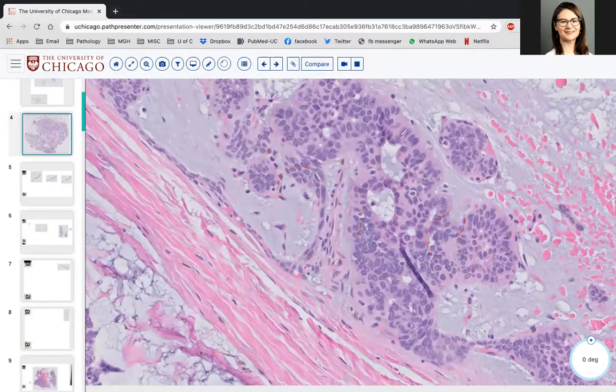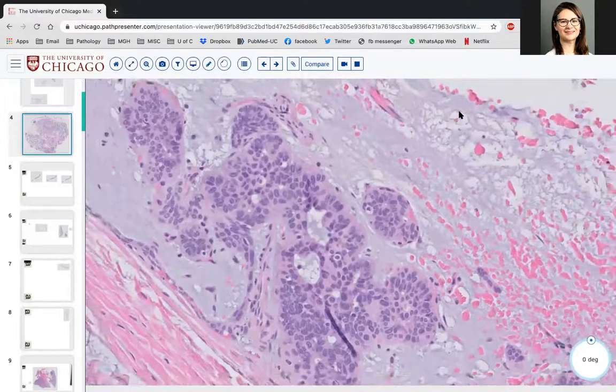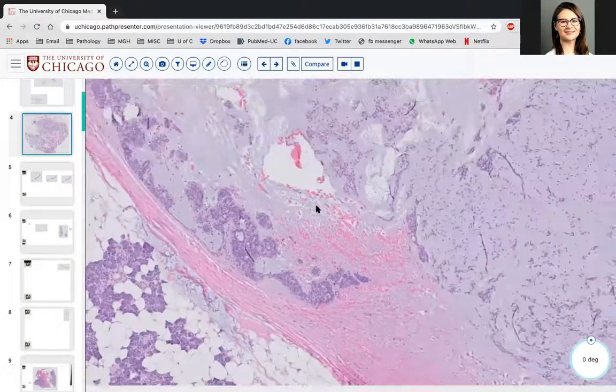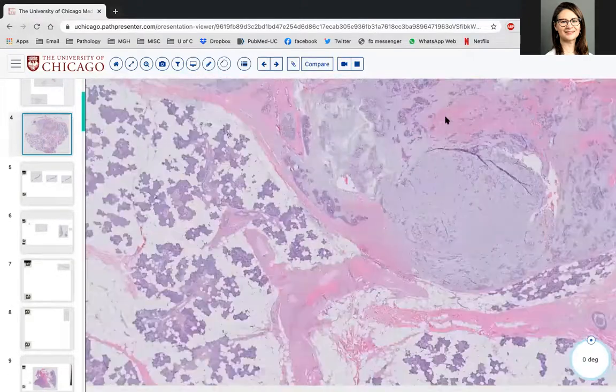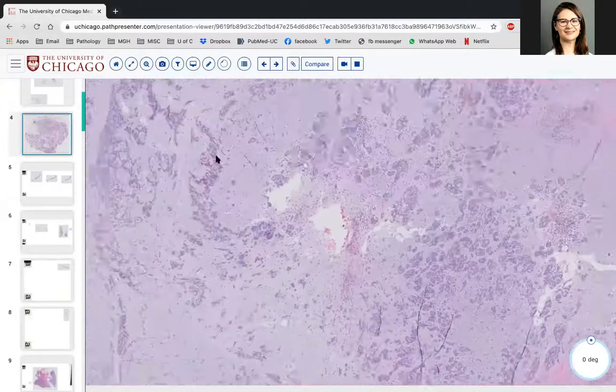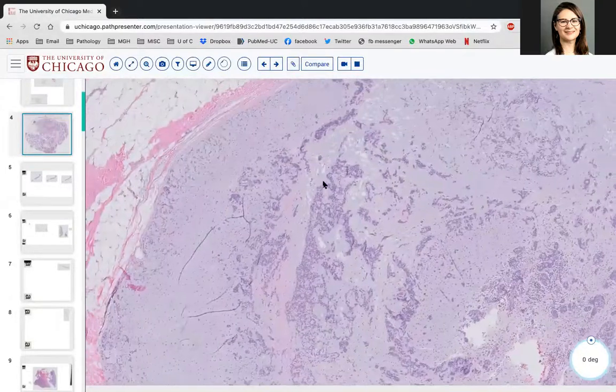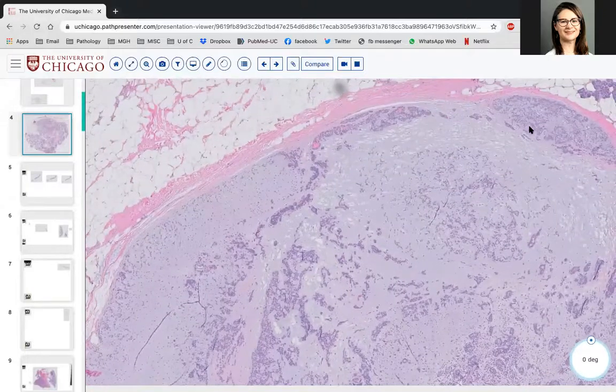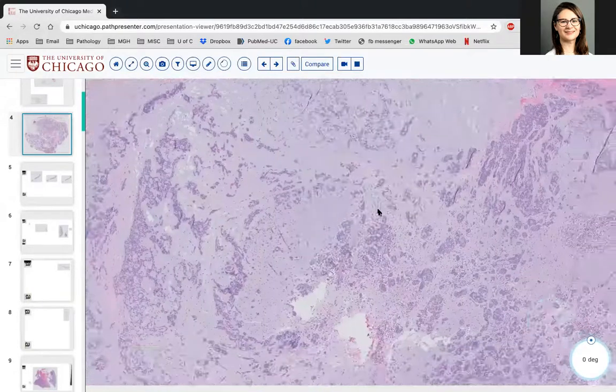But yes, I would agree that if you don't see the ducts, you are allowed to make the diagnosis of a benign salivary gland myoepithelioma. As I said, I don't think true benign myoepitheliomas are very common. I think if you have a myoepithelial pure tumor, it's more of a myoepithelial carcinoma.